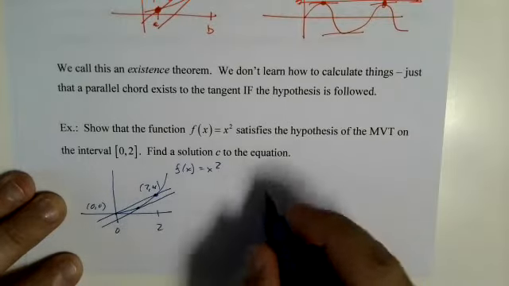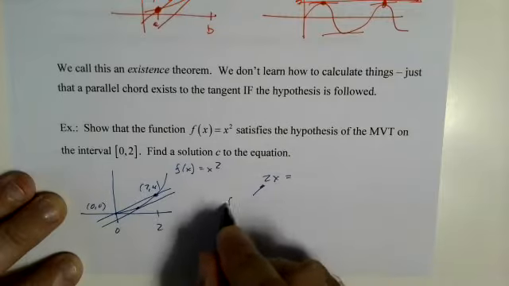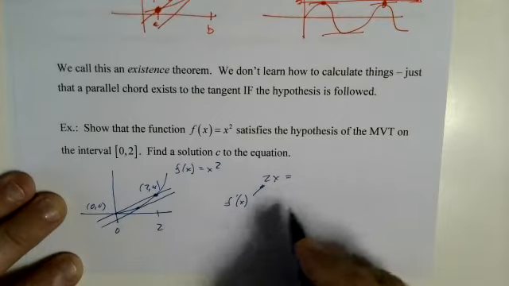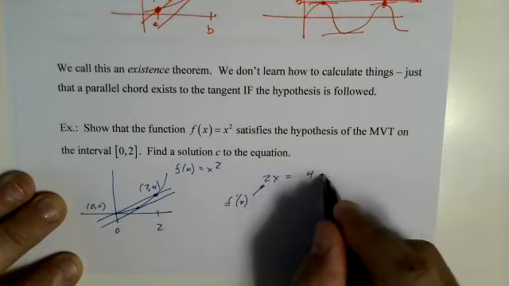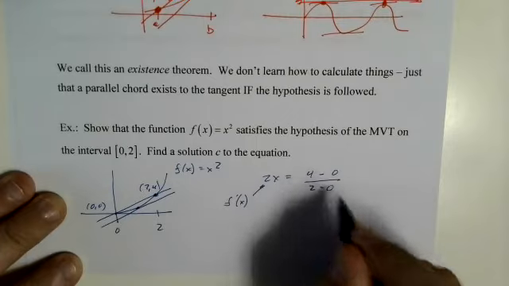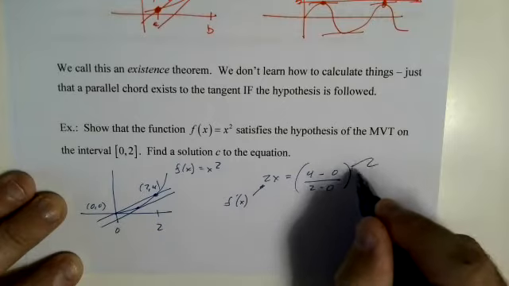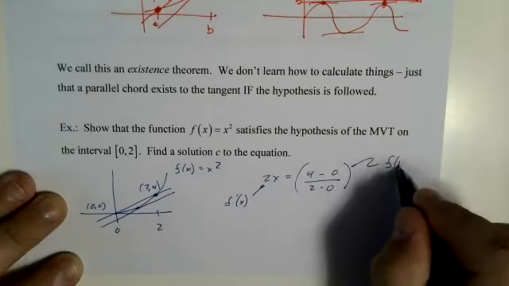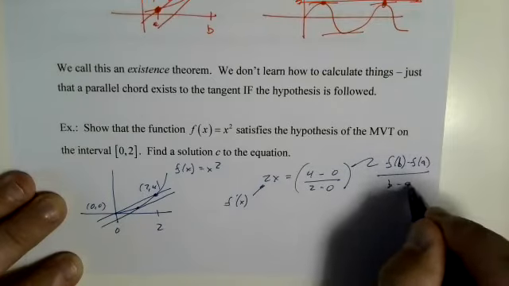Well, okay, 2x, that's the derivative part. Notice we don't know where x is. 2x equals 4 minus 0 over 2 minus 0. This is the f of b minus f of a over b minus a part.